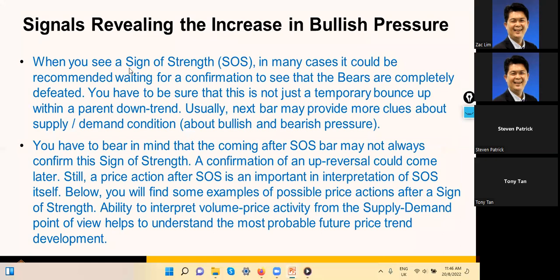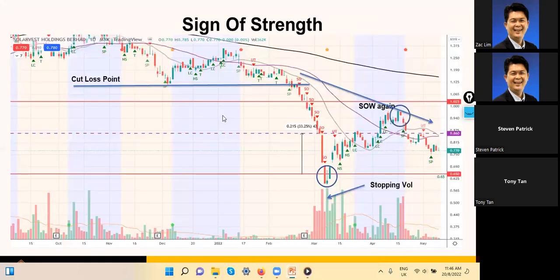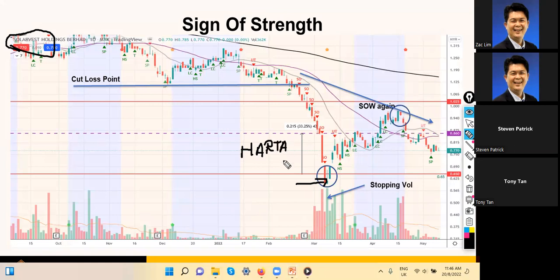This one I also put in the slide is the sign of strength. Whatever you have when it dropped, this is the pattern, and you can see here it's almost the same as Hata now. That's why in the group you might have noticed I say that this is a stopping volume.